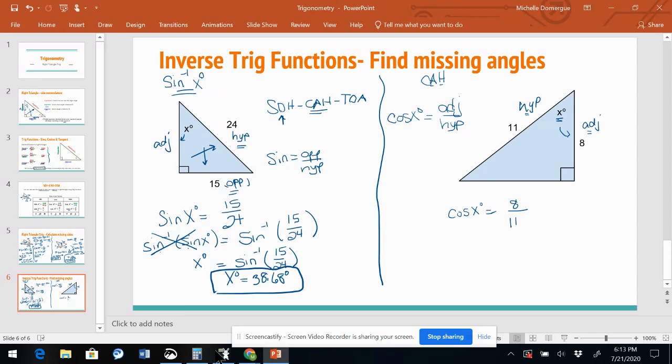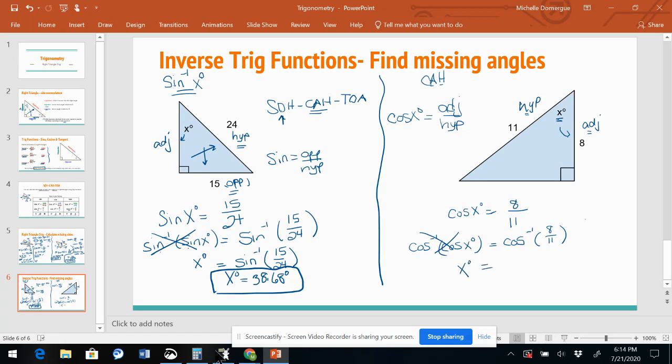Whenever you're looking for angles, you're always going to use your inverse trig functions. So I'm going to use the inverse of cosine of x, and I'm going to do the inverse cosine of both sides of the equation, because whatever you do to one side, you have to do to the other side, even with trig. This is going to give me my angle x.